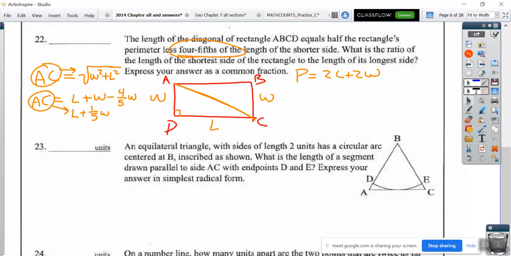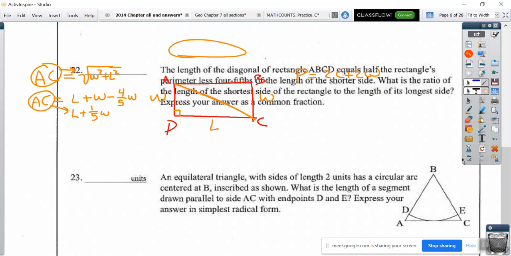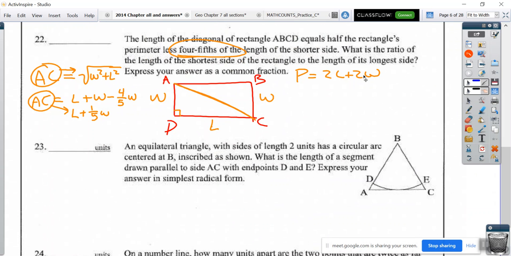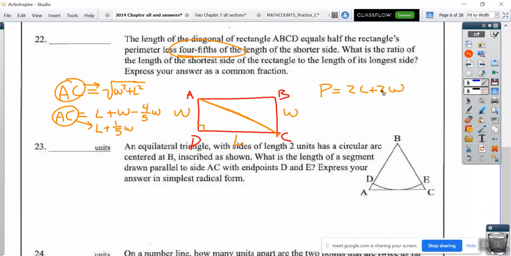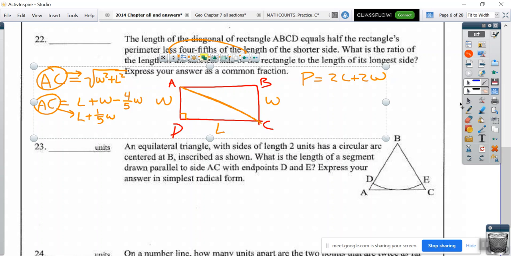So what can we do at this point? What statement can we make? That L plus 1/5 W is equal to the square root of W squared plus L squared.